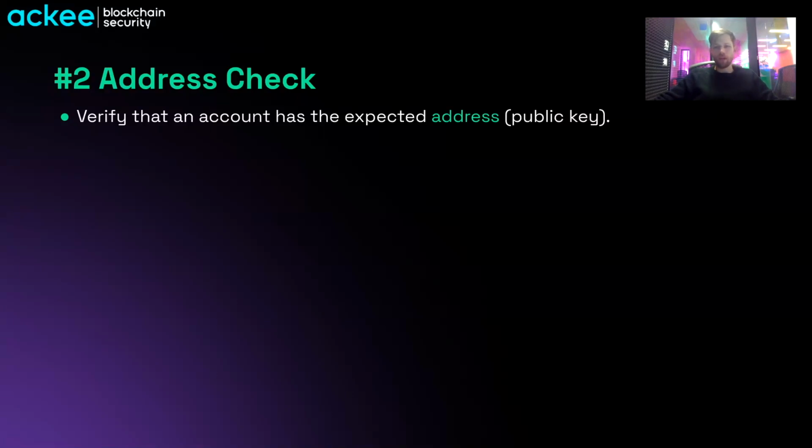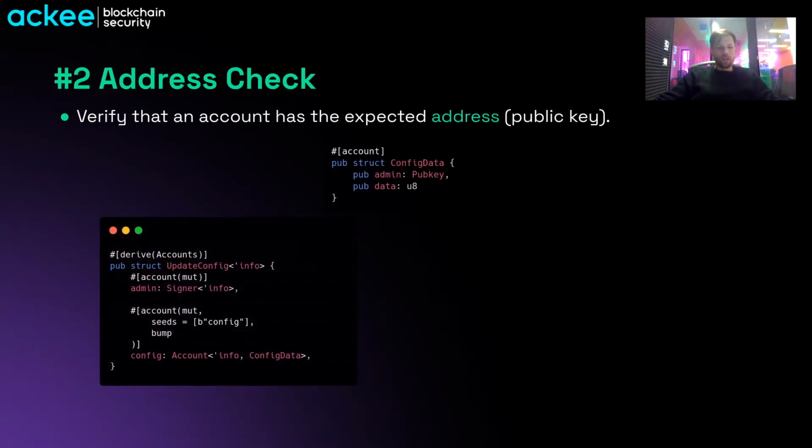So you know that each program needs as inputs all the accounts that it will read or write to. In maybe not most cases, but very often you have to verify that the supplied accounts are actually the accounts that you expect. So here is again an example.